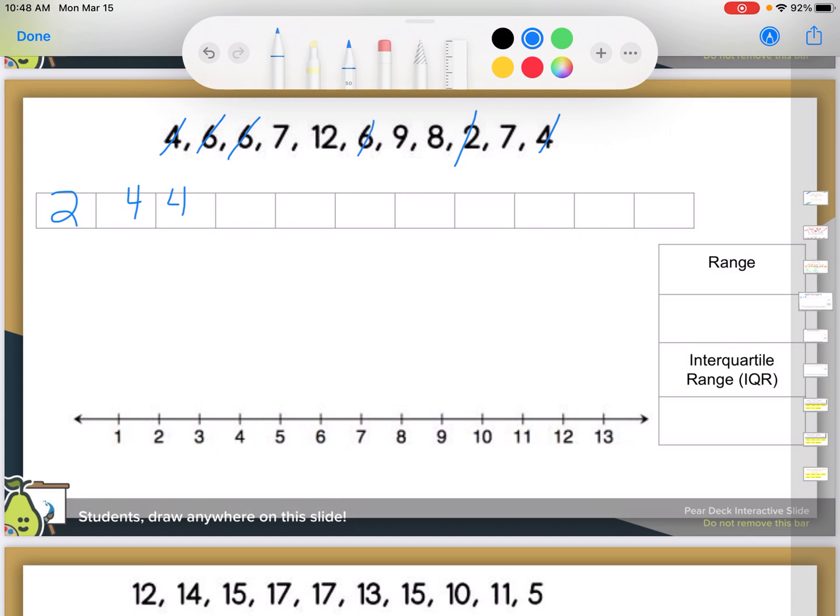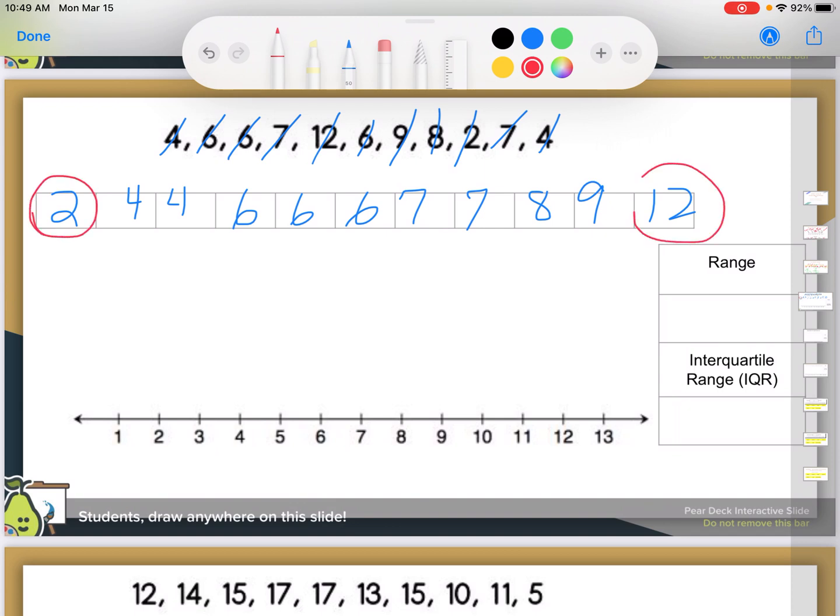I see 3 6s, 2 7s, an 8, a 9, and a 12. All right, so my next step is going to be to find the median. So I know my minimum and my maximum, and then I'm trying to find the center of my data.